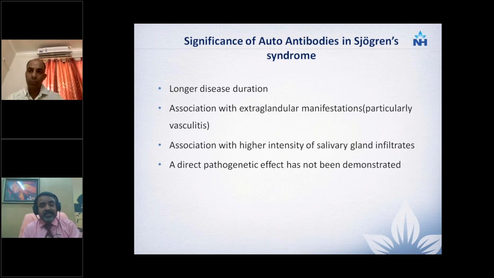If these antibodies are positive, it means the exocrinopathy is very severe and very long standing. Though no direct pathological involvement has been demonstrated, definitely these are the diagnostic markers for primary Sjogren's syndrome.